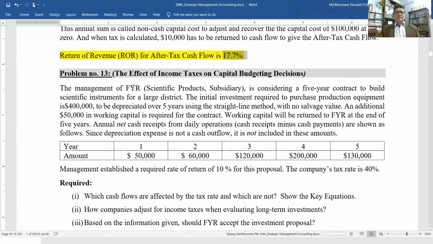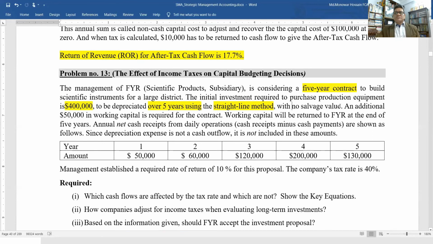The management of FYR is considering a 5-year contract to build scientific instruments for a large district. The initial investment required to purchase production equipment is 4 lakh, to be deducted over 5 years using the straight-line method with no salvage value.